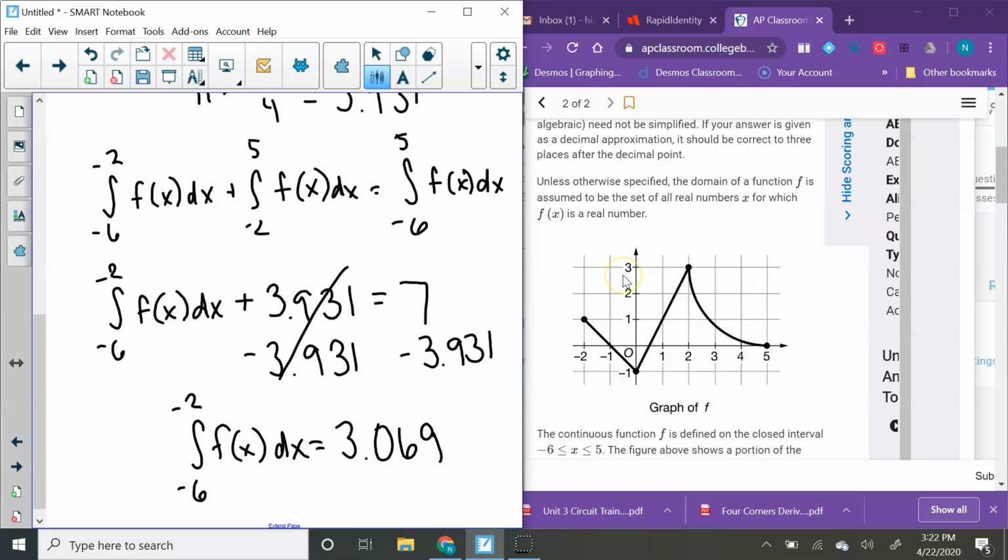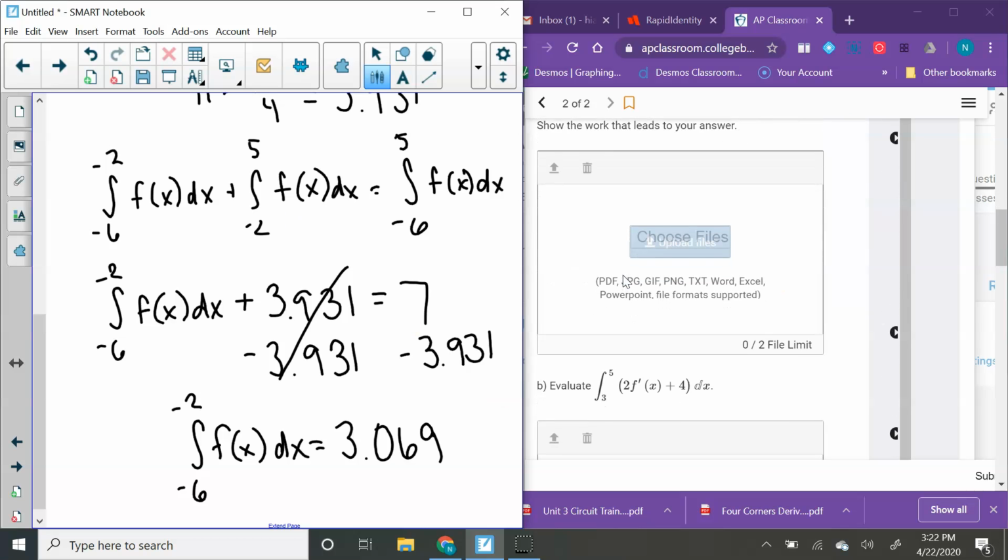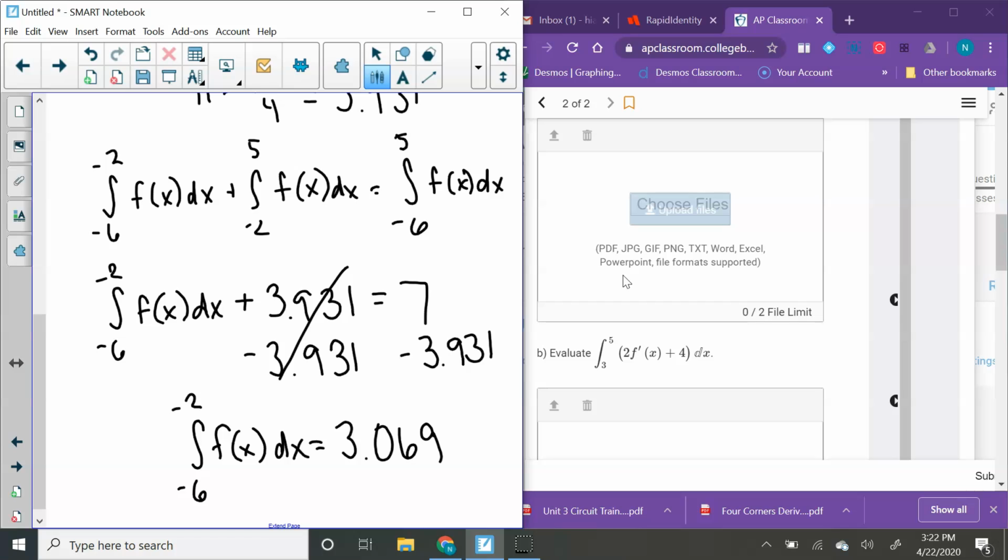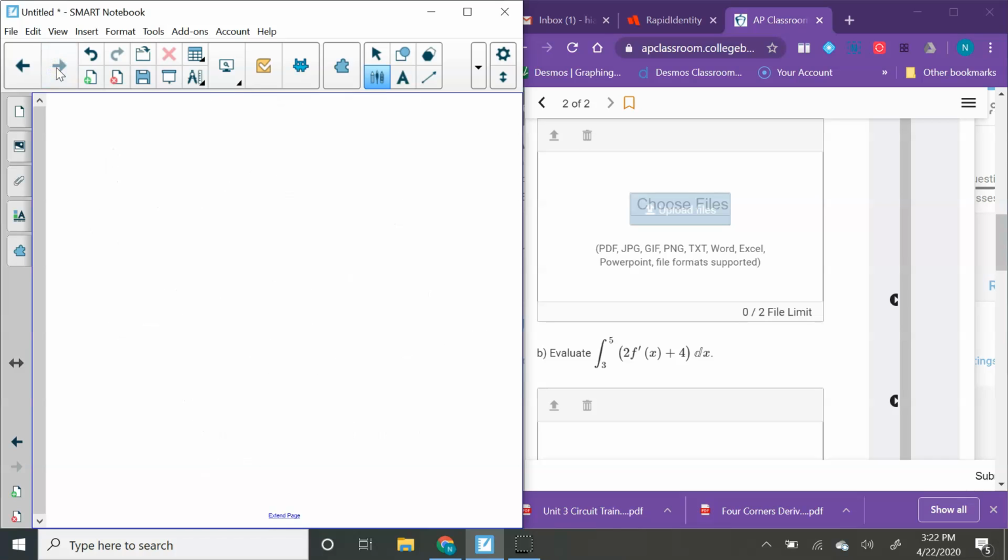Okay. Alright, so for part B, it asks us to evaluate the integral from 3 to 5 of 2f prime of x plus 4 dx. So let's do that here. For B, we want the integral from 3 to 5 of 2f prime of x plus 4 dx.